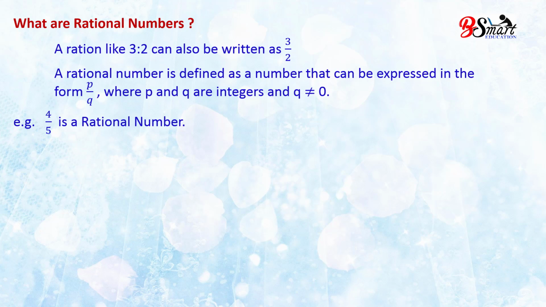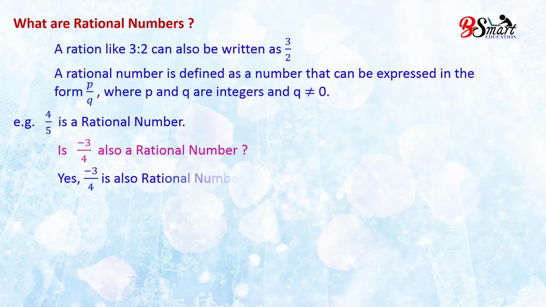Now a question will arise in your mind: is minus 3 by 4 also a rational number? Answer is yes. Minus 3 by 4 is also a rational number because p equal to minus 3 and q equal to 4 are integers.